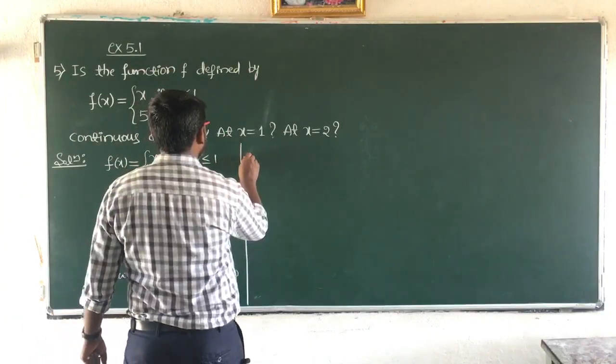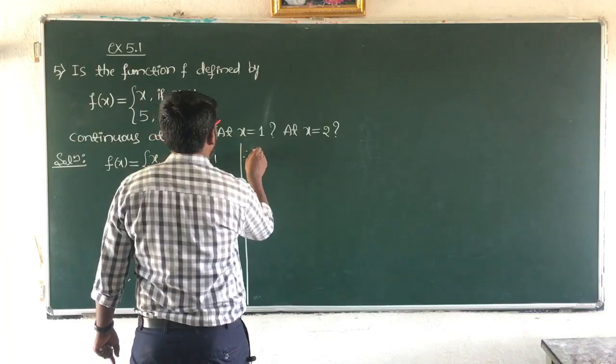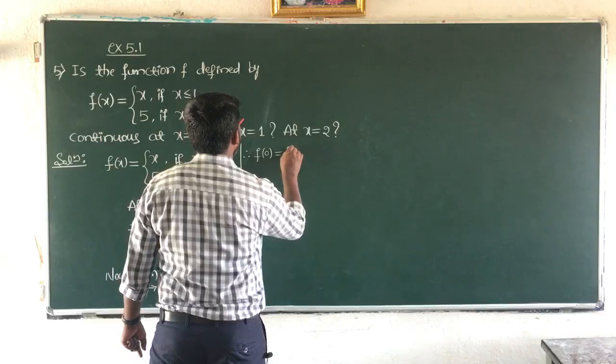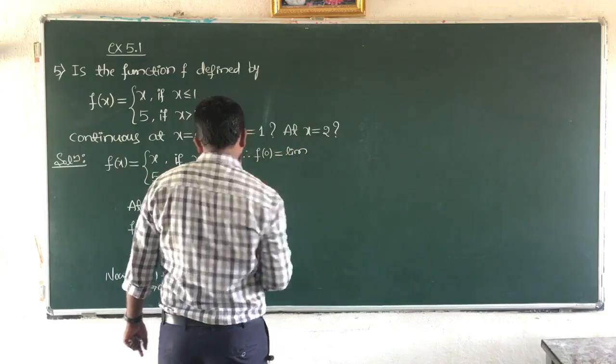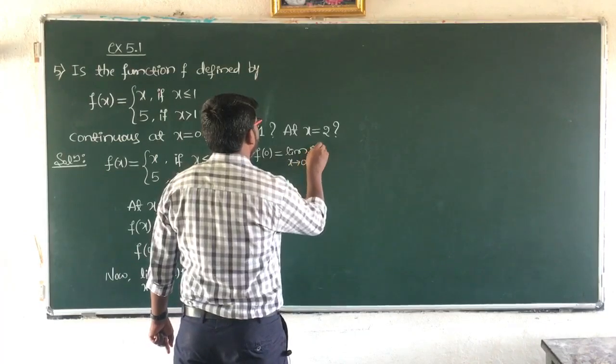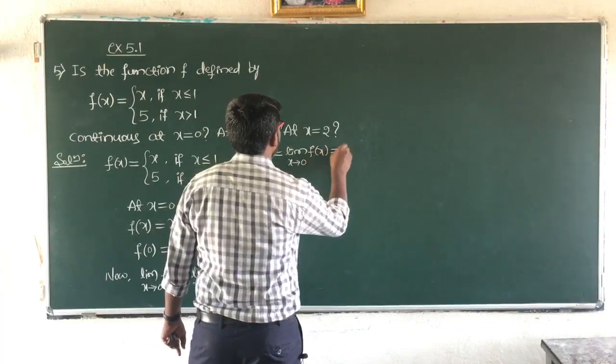Therefore f of 0 is equal to limit x tends to 0 of f of x, which is equal to 0.